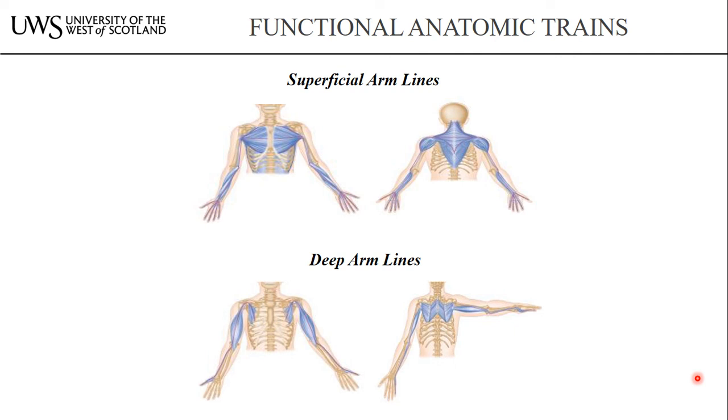So the arm lines are treated separately because they are very specifically dedicated to the stabilization and mobilization of the upper limbs. They are commonly classified as superficial and deep, depending on the specific layers they are placed.